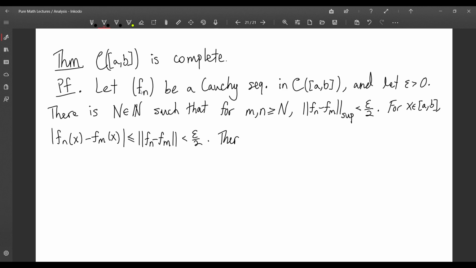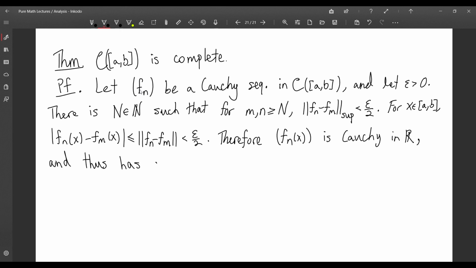Therefore, f sub n of x is Cauchy in R, right? And thus has a limit because R is complete.